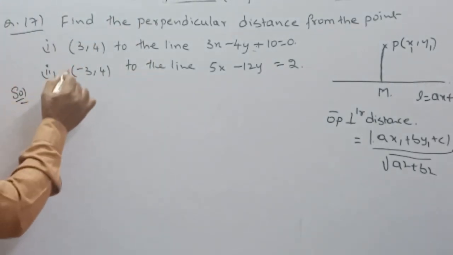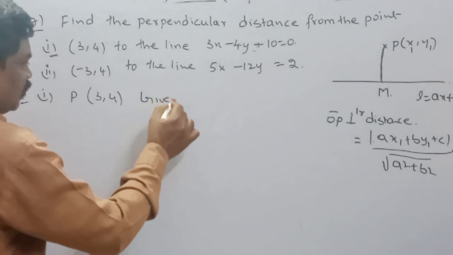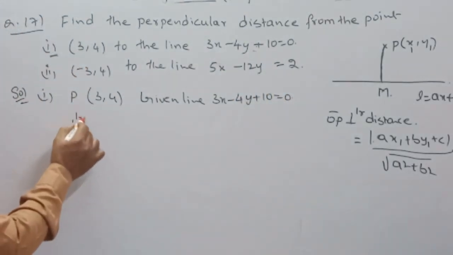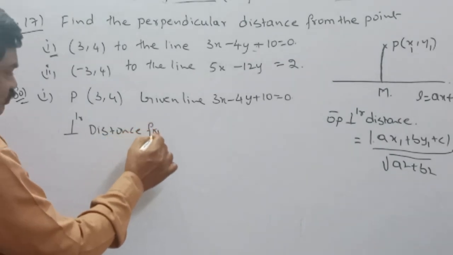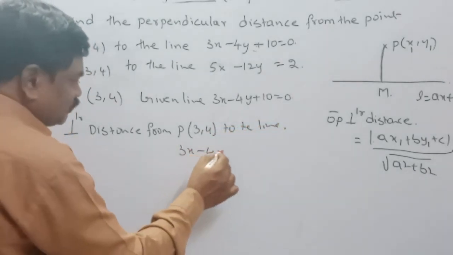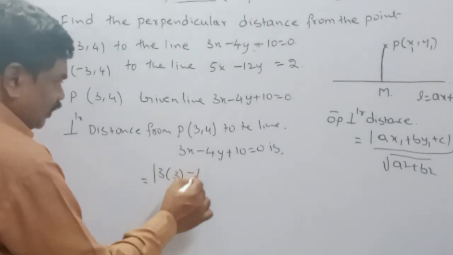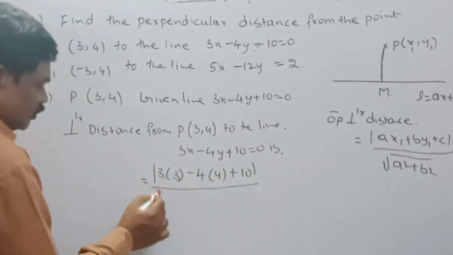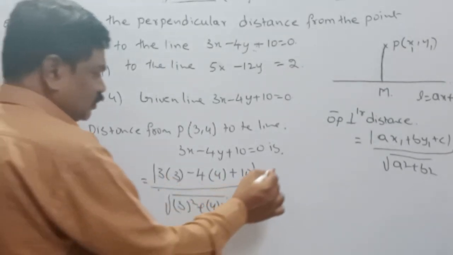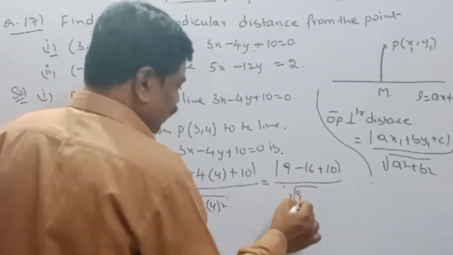So here, what is the point? First problem: P is the point (3, 4) and the given line is 3x minus 4y plus 10 equals 0. Then the perpendicular distance from P(3, 4) to the line 3x minus 4y plus 10 equals 0 is equal to modulus of 3 into 3 minus 4 into 4 plus 10 by root over (x coefficient 3 squared plus y coefficient 4 squared). That is modulus of 9 minus 16 plus 10 by root 9 plus 16.